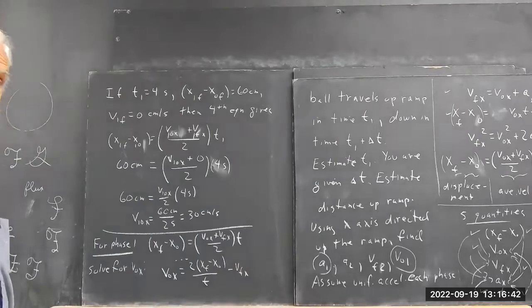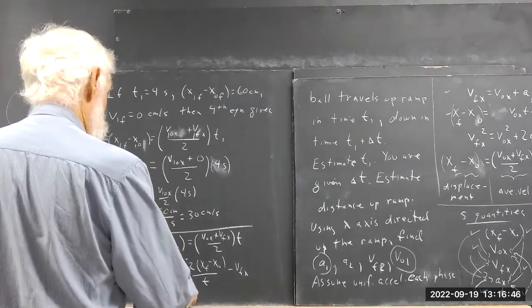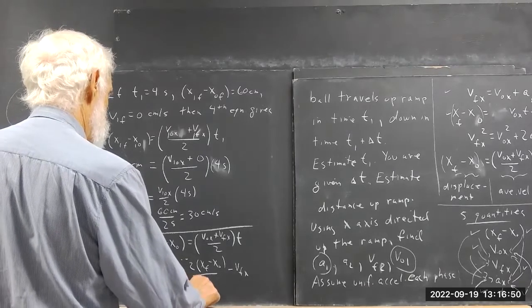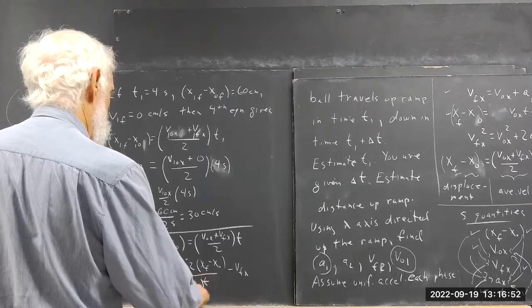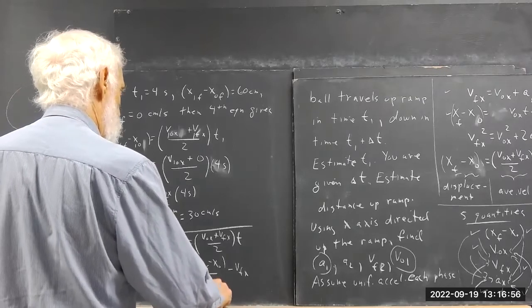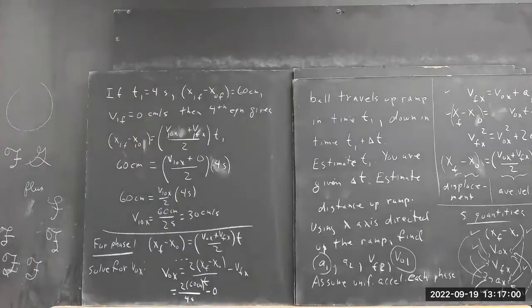this. And this equation hasn't been. This is going to equal 2 times 60 centimeters over 4 seconds minus 0. Okay.